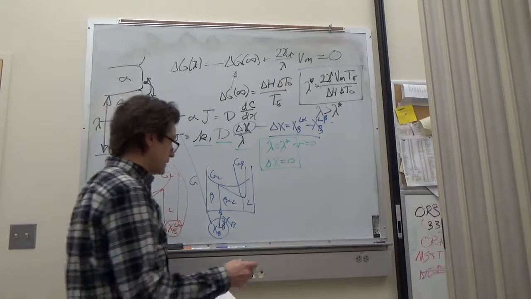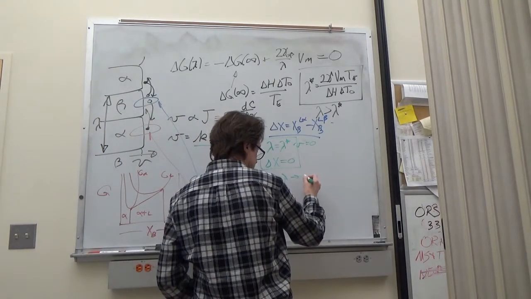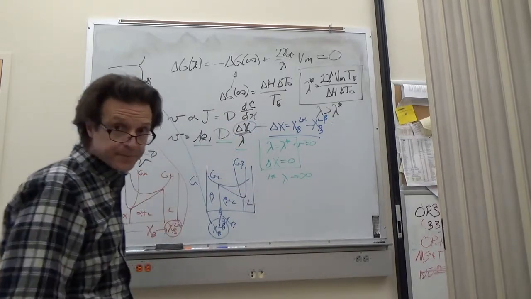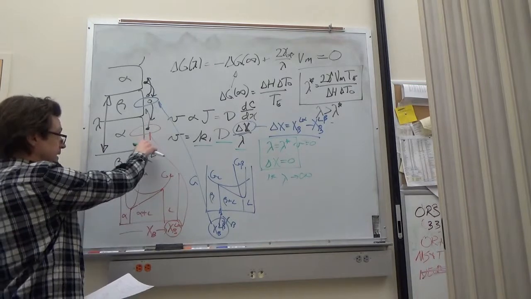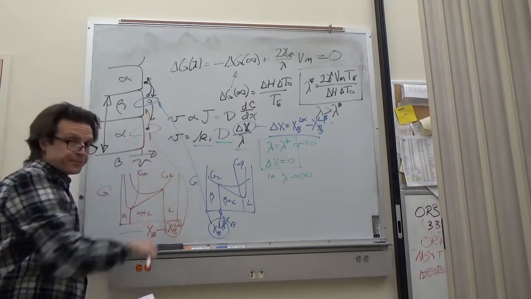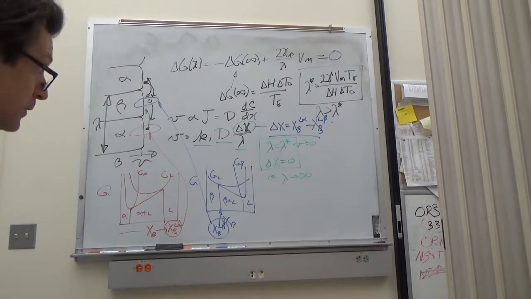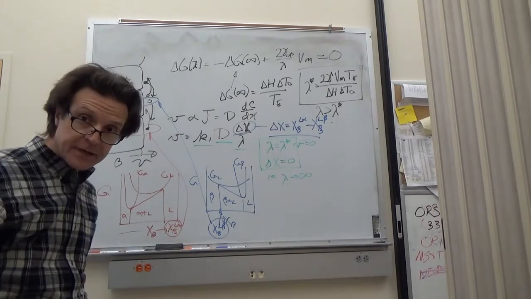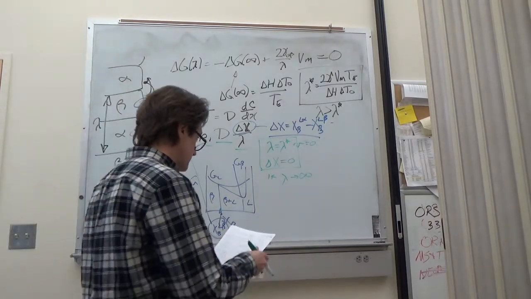We also know that if lambda goes to infinity, this also doesn't go to infinity. It has to be finite. And what's going to happen is that as lambda goes to infinity, it's going to asymptote toward some constant.